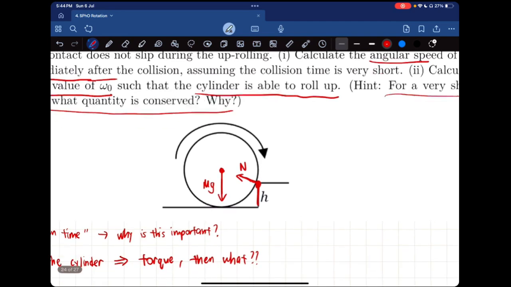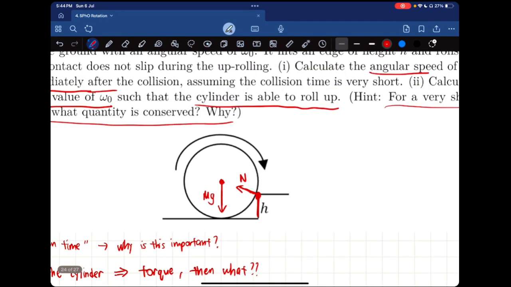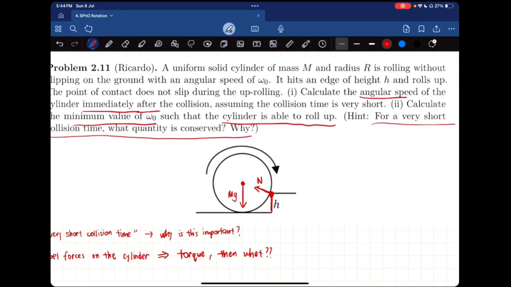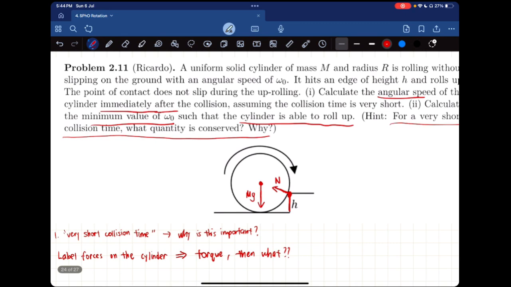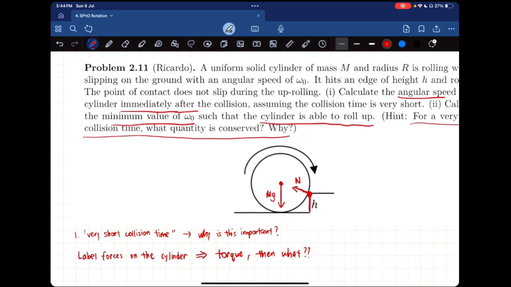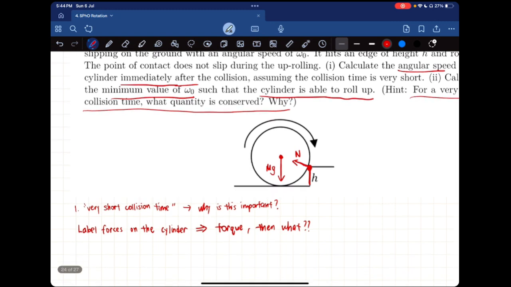This will be N. Then if the point of contact doesn't slip, that'll be that.